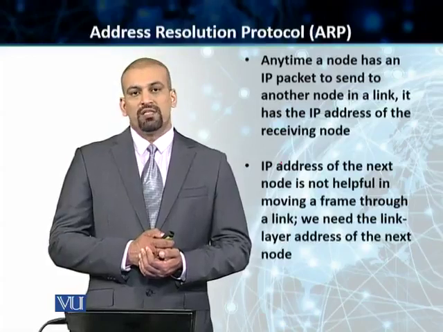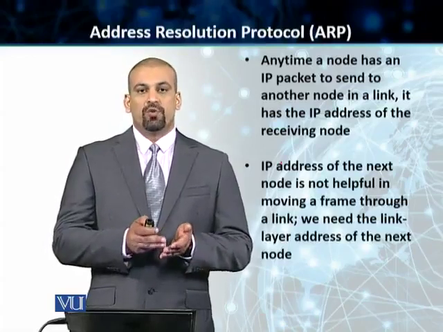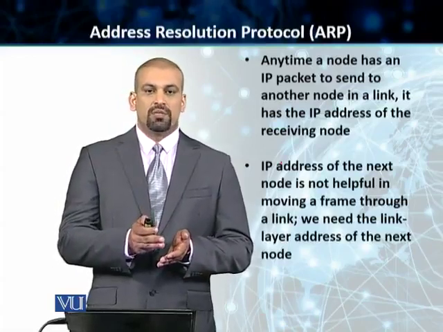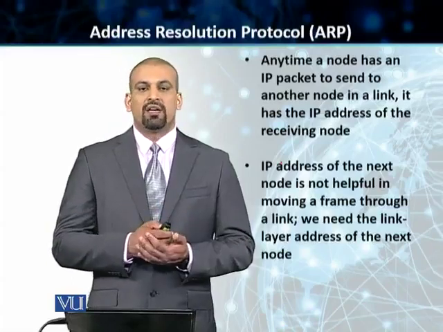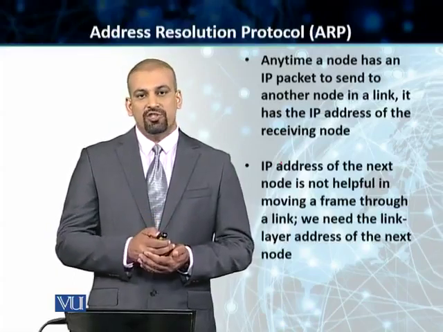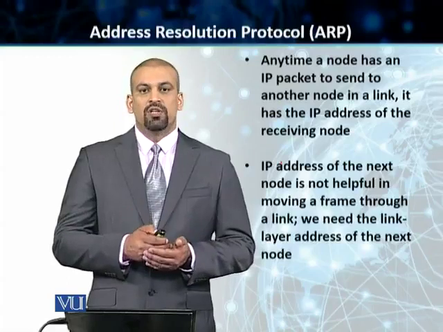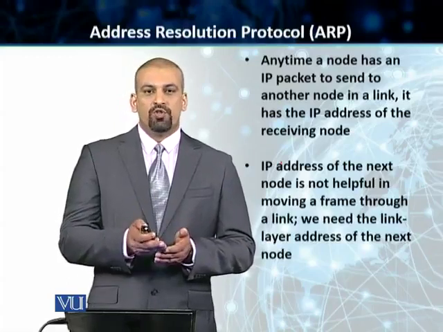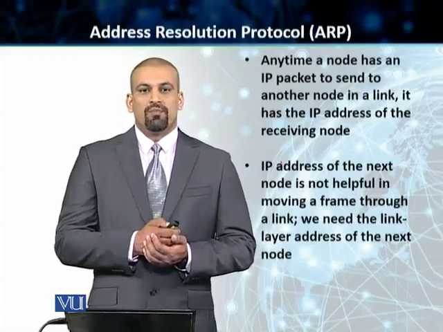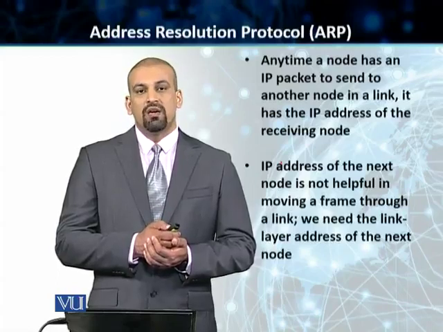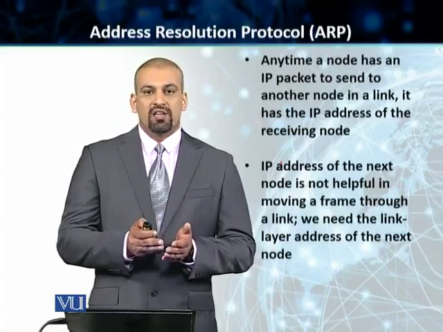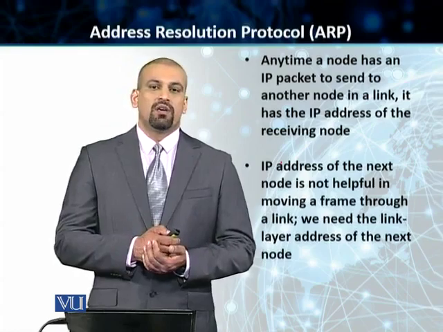So students, once the system A gets to know the link layer address of the destination, which is system B, it stores that link layer address in its cache, in its storage, and therefore all the future transmissions from system A to system B are normally unicast. They're always going to be unicast.